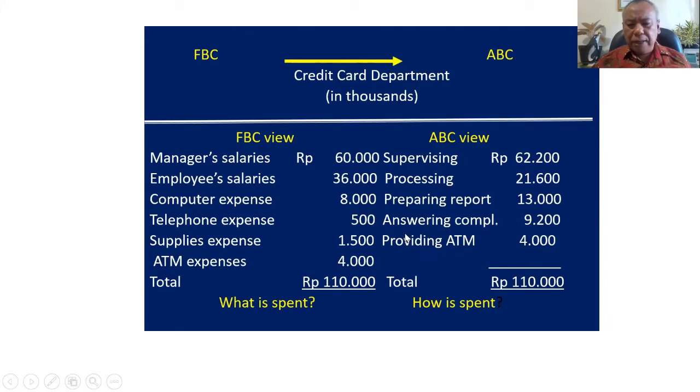For example, answering complaint, is it value-added or non-value-added? Actually, why is there a complaint? Because our service maybe is not good. So we can improve our services, and then we can eliminate this activity. And also preparing report, or preparing bills, for example.